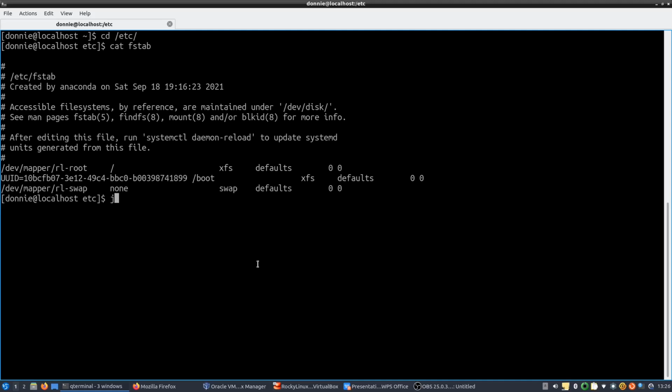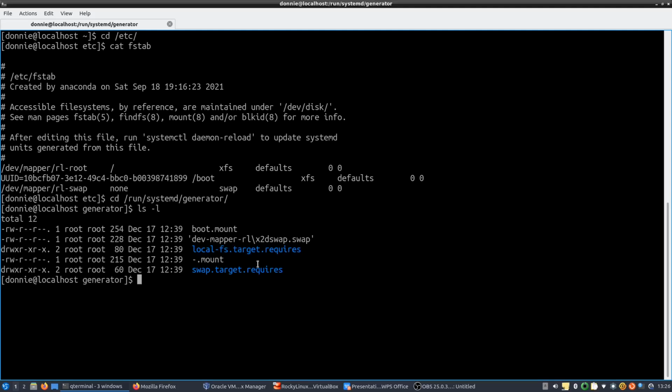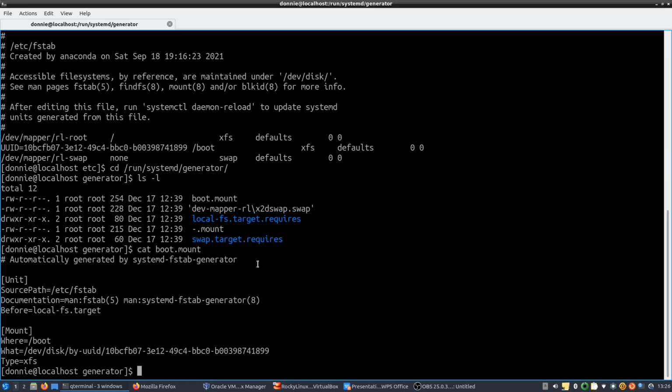And we can go into the run directory here. And again, we have pretty much the same stuff. And so we got the boot mount right there. And it shows you there, a UUID.